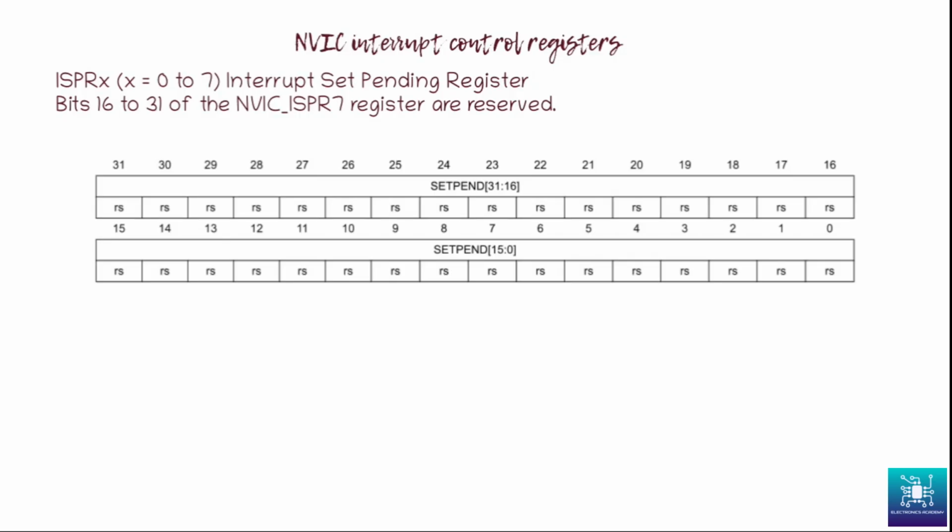Reading this register will give you the pending state of the interrupt if the pending state is set by hardware. Writing a 1 into any of these fields is going to set that interrupt to pending state. So this could be set either by hardware or by software control.